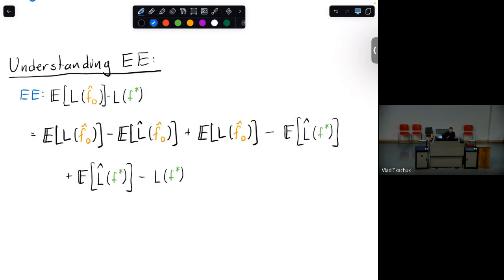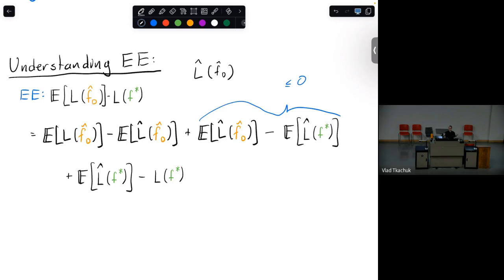The first thing to notice is that this term here is always less than 0. Why is that true? Oh, there's a missing L hat here. Why is that true? It's because of L hat of f hat of D. How was f hat of D chosen?